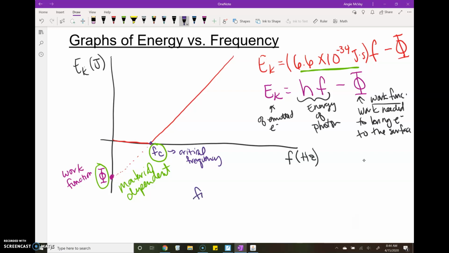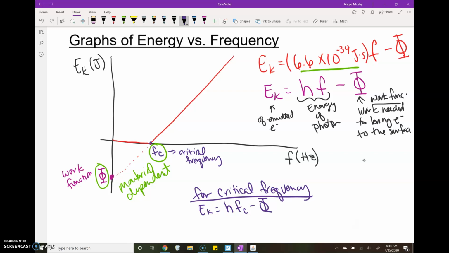So for the critical frequency, if we take a look at our relationship, EK equals Planck's constant times the critical frequency minus the work function, right?